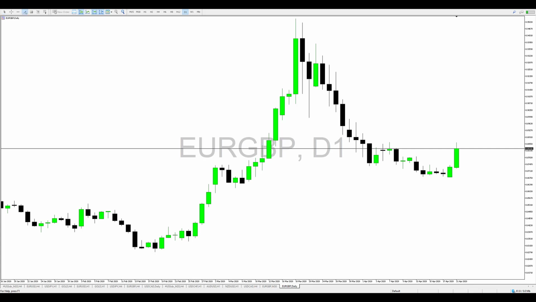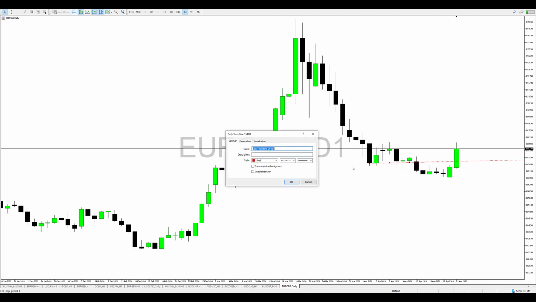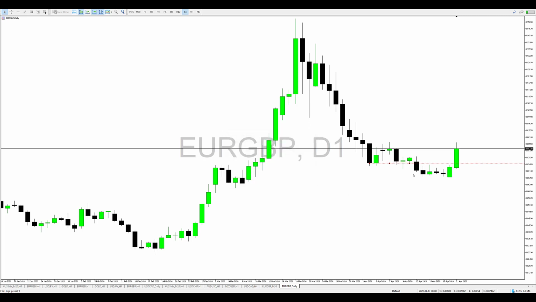So this is coming in here. This was our bullish order block. Let me just make sure the line is straight. So this is our bullish order block which was broken here.